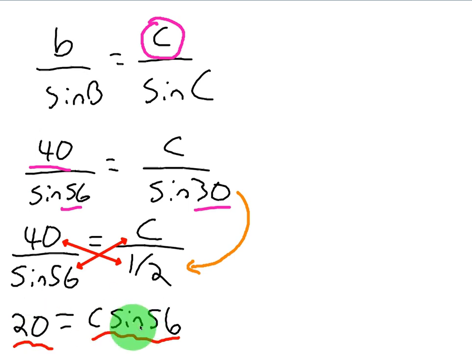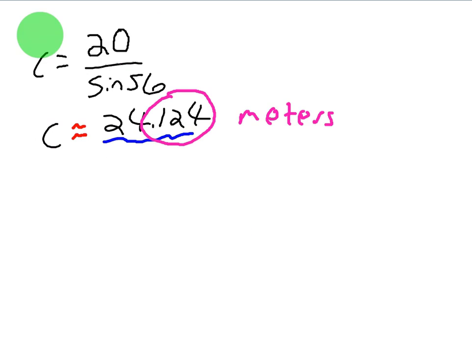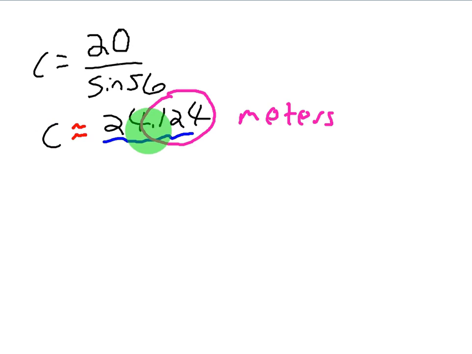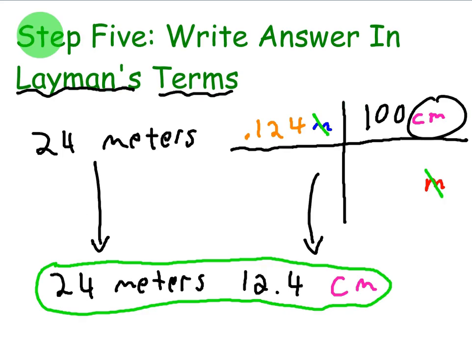Last step is to divide by sine of 56. So you'll get c equals 20 over sine of 56. And you get 24.124. And that's going to be in meters because our original units were in meters.